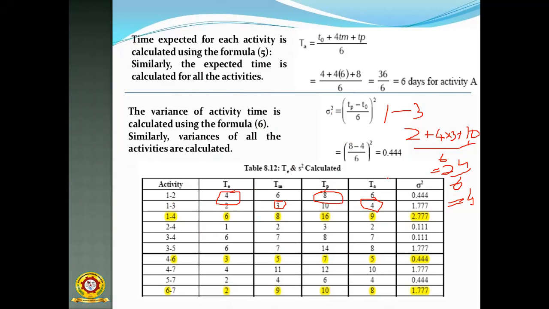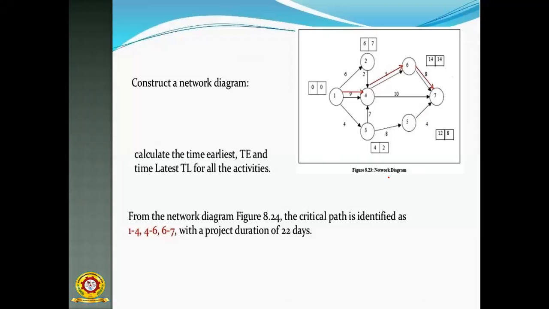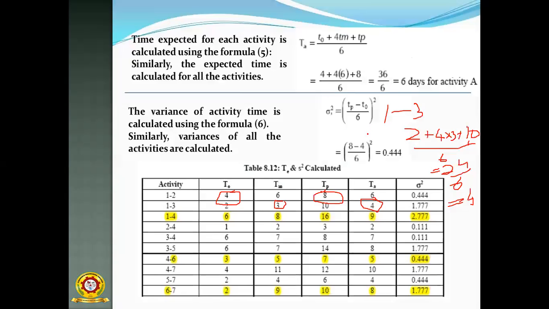Then after that, we are going to construct a network diagram. This is an important phase. After constructing the network diagram only, you have to find out the critical path. First you have to see the table.